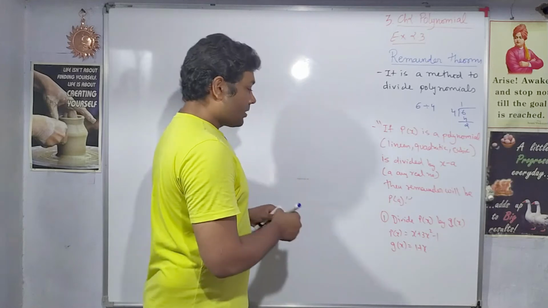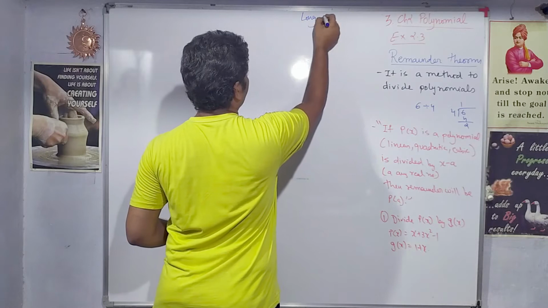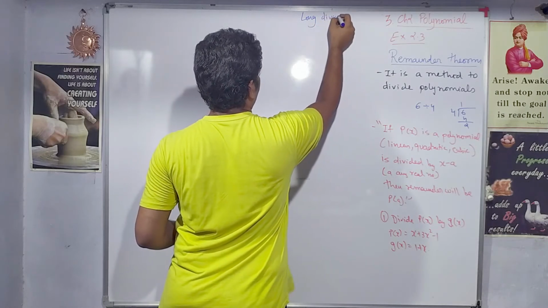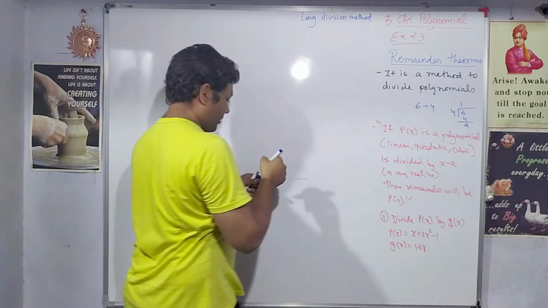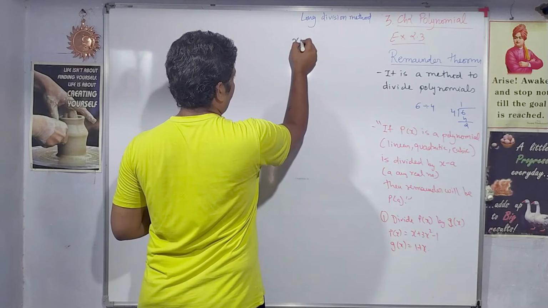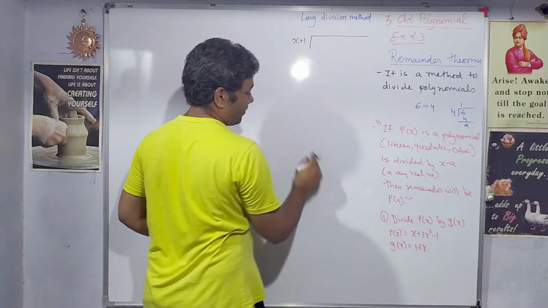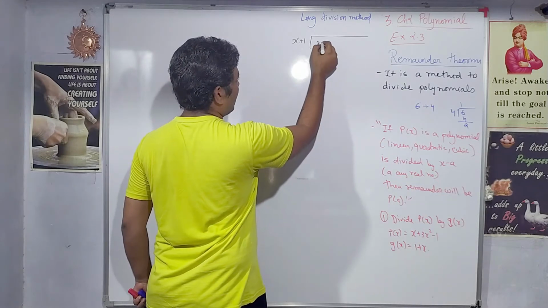So first we will use a long division method to solve these questions. You should also know the long division method. So let us carry out the long division, right? So if we start, x plus 1 divided by, you will write in the decreasing order of powers.